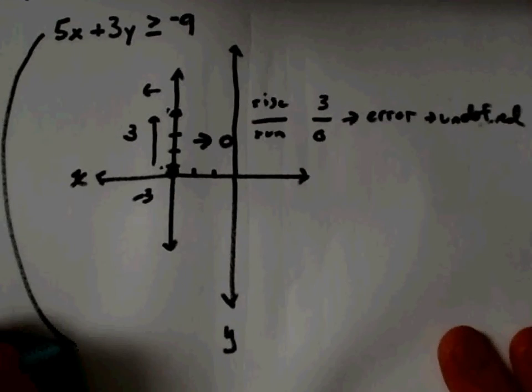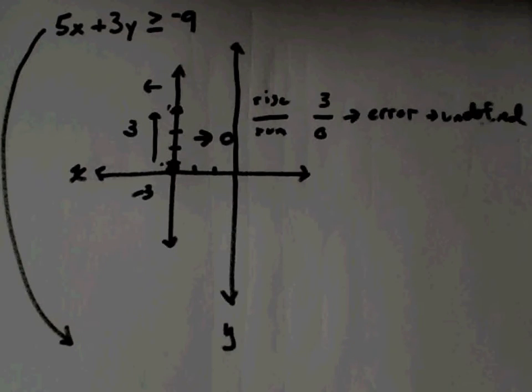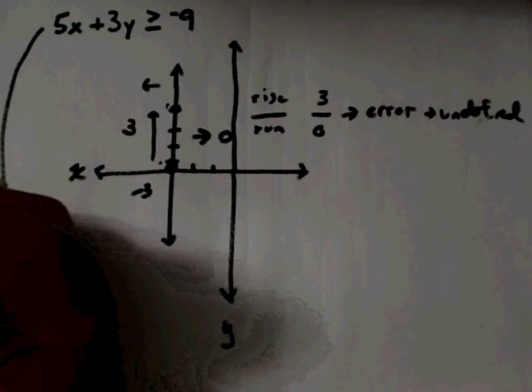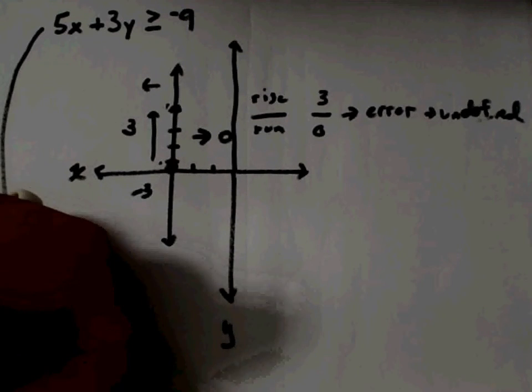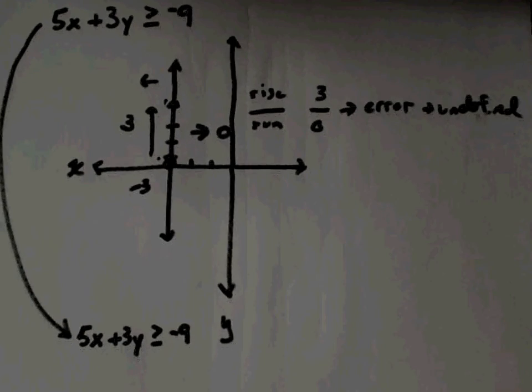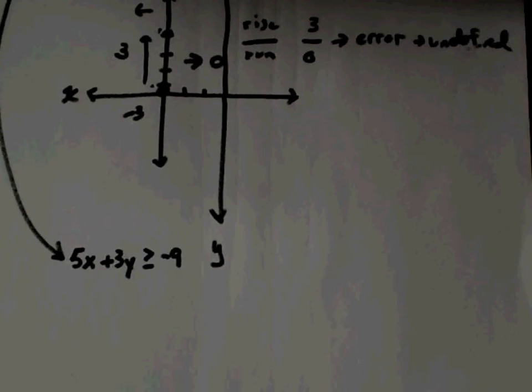So what we have to look at second is we have to put that one in y equals mx plus b form. Okay? And so what do I do first?